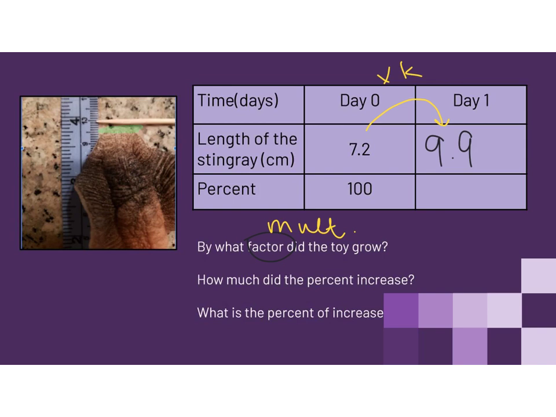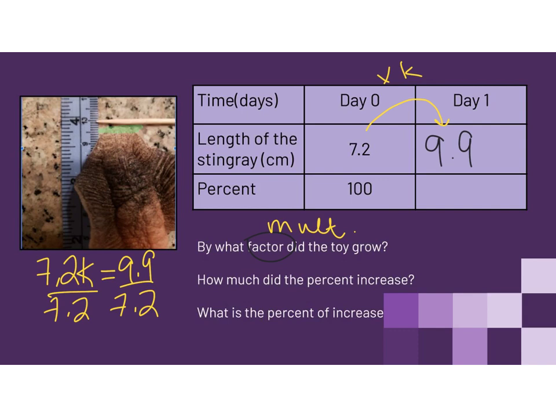All right, so in order to figure out what I multiply 7.2 by to get 9.9, that's exactly why algebra was invented, right? So 7.2 times some number gives me 9.9. To solve for K, I divide by 7.2. Now, if you're thinking, yeah, you divide, it's unit rate, perfect. I just go algebra right away.